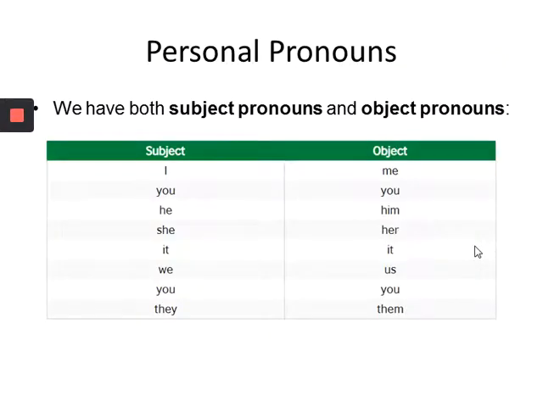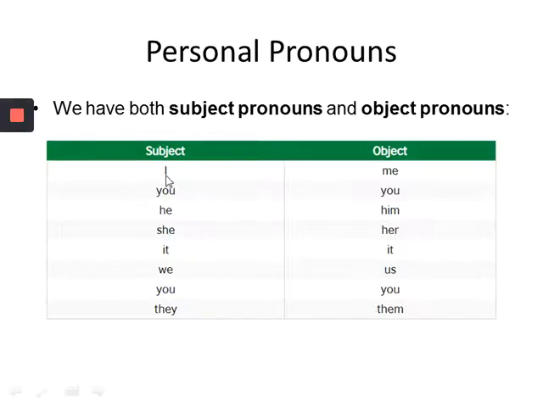Now, we have two types of personal pronouns. We have the subject pronoun and the object pronouns. The subject pronouns are I, you, he, she, it, we, you, and they. And object pronouns are me, you, him, her, it, us, you, and them.